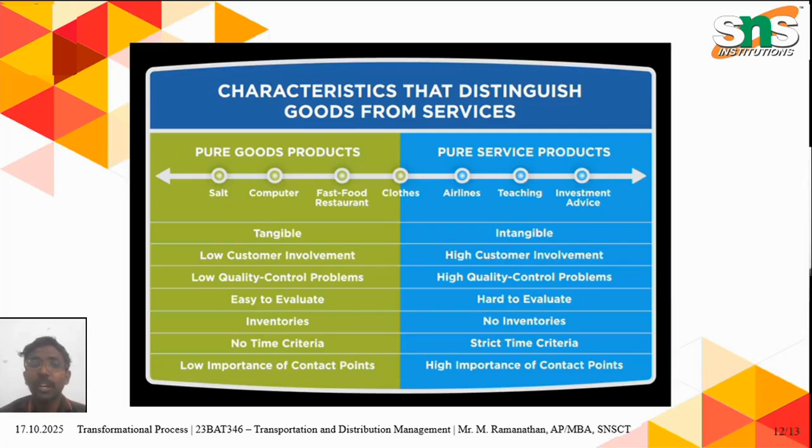Service businesses always focus on time. Goods have no time criteria, but are tangible. Goods place low importance on the contact person, even though a few products get connected to the human, the customer or consumer. In a service, it is highly important to have a contact point. That's more important in service. So this is all about goods and services. Thank you all.